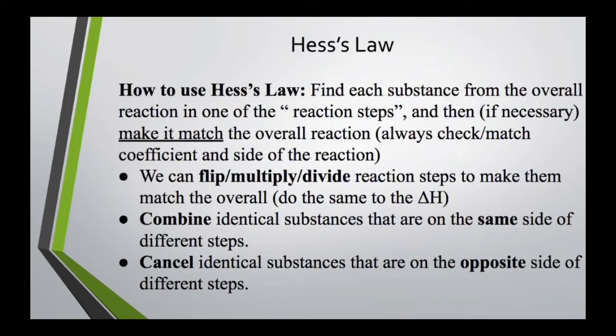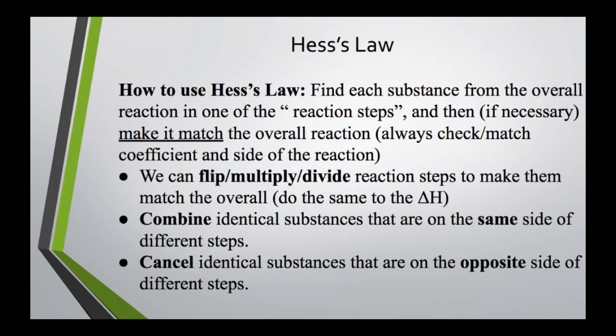And we're not really focused on making the reactions into each other. It's kind of just seeing what we have to do to them, because whatever we do to those reactions in order to turn them into the overall reaction that we need, we're going to do the same thing to their delta H's of each of those little steps.